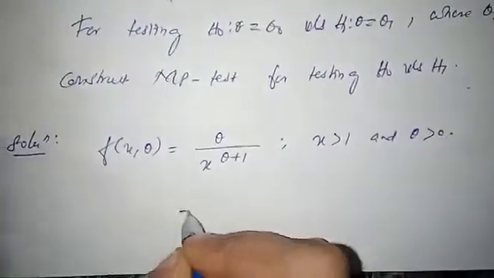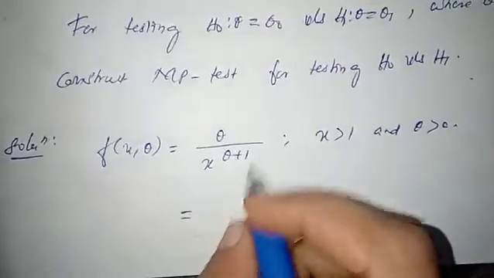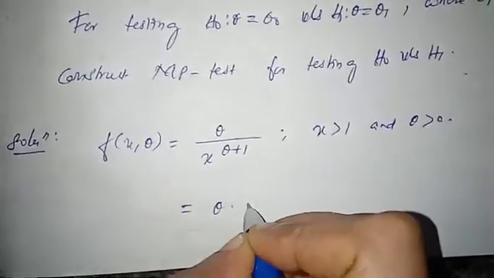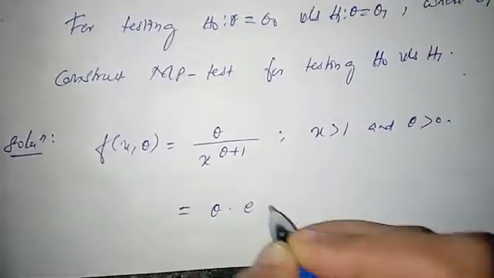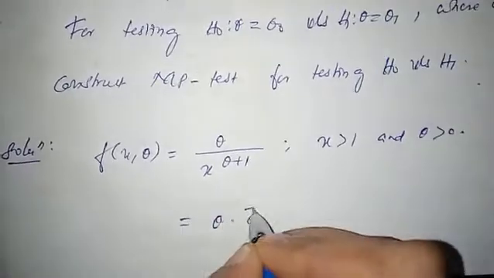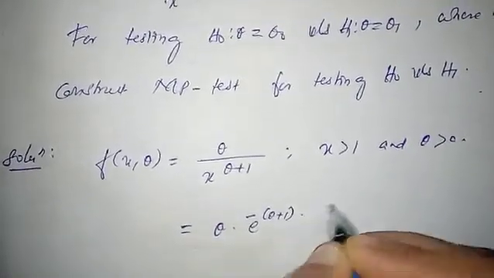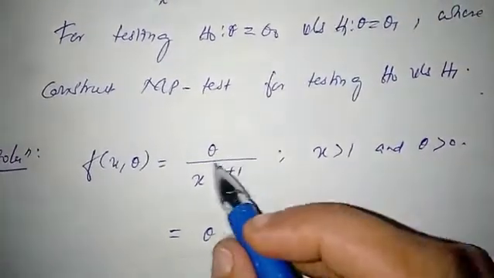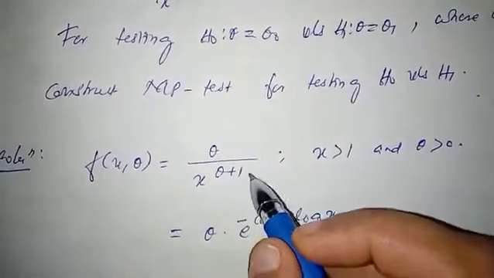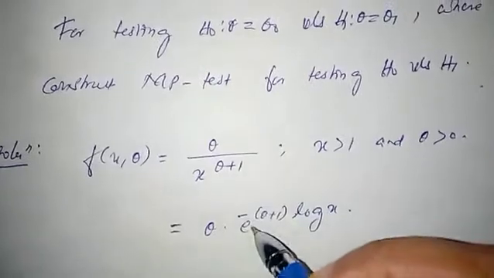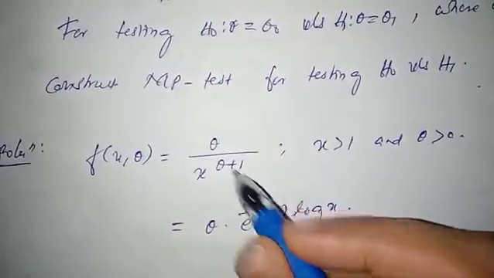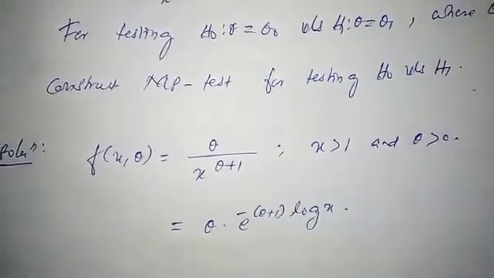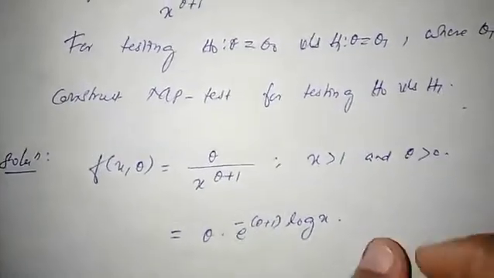Then we can write this density as theta into e power minus theta plus 1 into log x. Okay, then what is the likelihood?